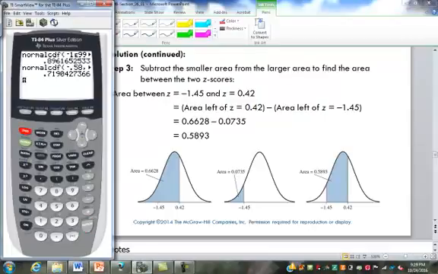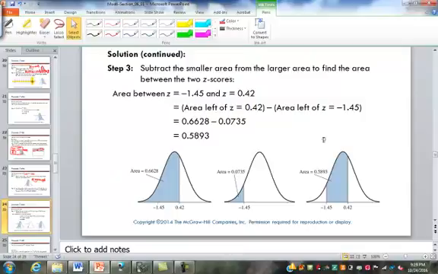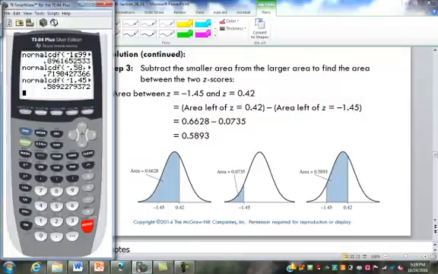So again, second distribution, normal CDF, negative, remember to use the negative key, not the minus, 1.45, comma, 0.42, close parentheses, and enter. So 0.5892, that's what they're getting here. 0.5893 they're getting.